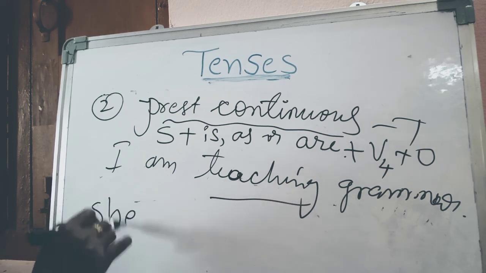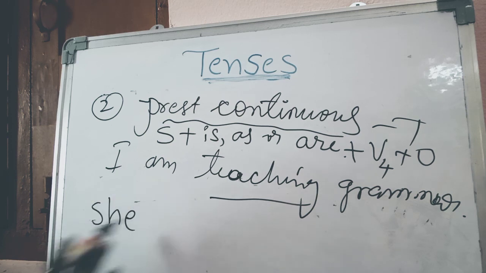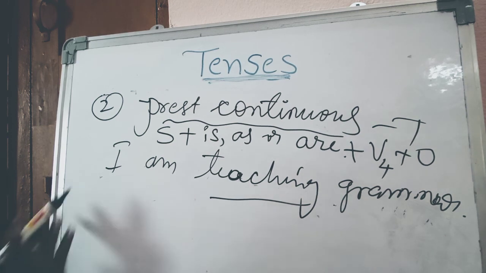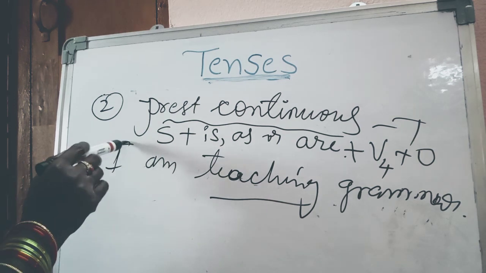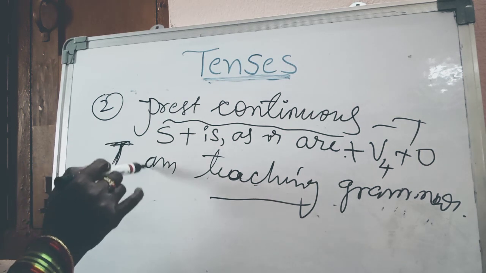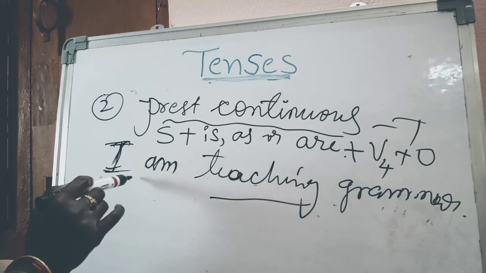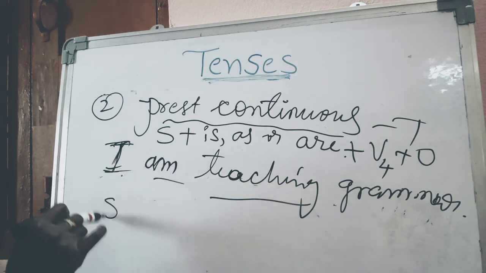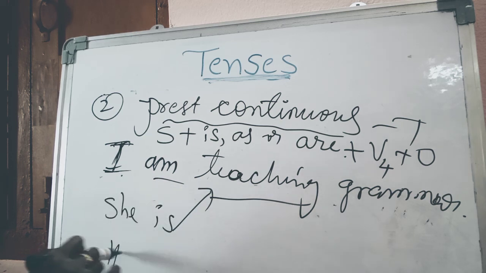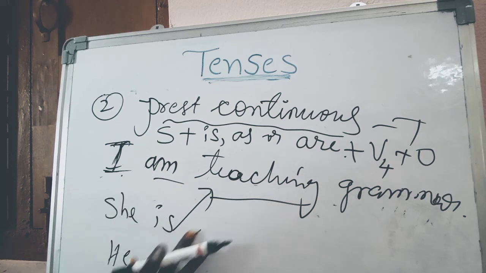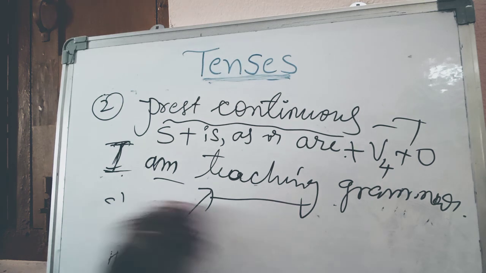When we use different types of subjects, we have to use different helping verbs. When we use I, we have to use I am. She is teaching. He is teaching.